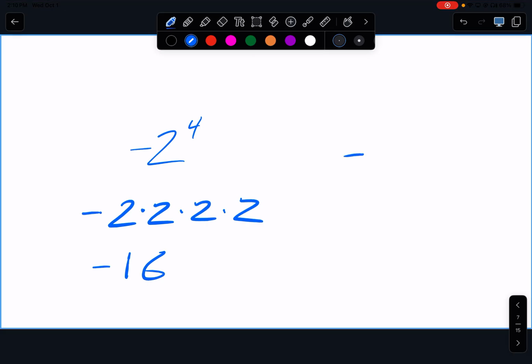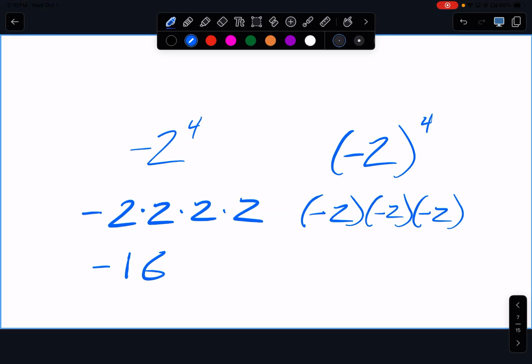Okay? If we do -2 in parentheses to the 4th, that's going to be -2 times -2 times -2 times -2, which is actually going to give me what? A positive 16, right? That's why the parentheses matter there. They matter more when you have an even exponent. When they have an odd exponent, they're not really going to play a role. You just kind of get lucky. But you need to make sure that you know what that means.